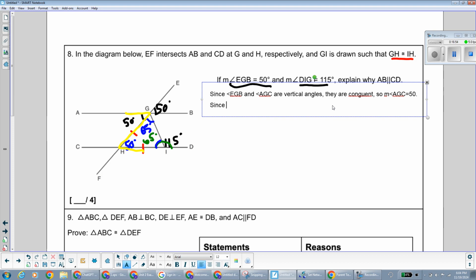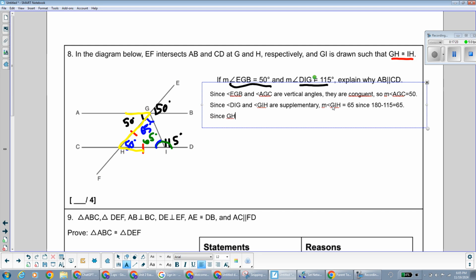Since angle DIG and angle GIH are supplementary, the measure of angle GIH is 65, since 180 minus 115 is 65 degrees.